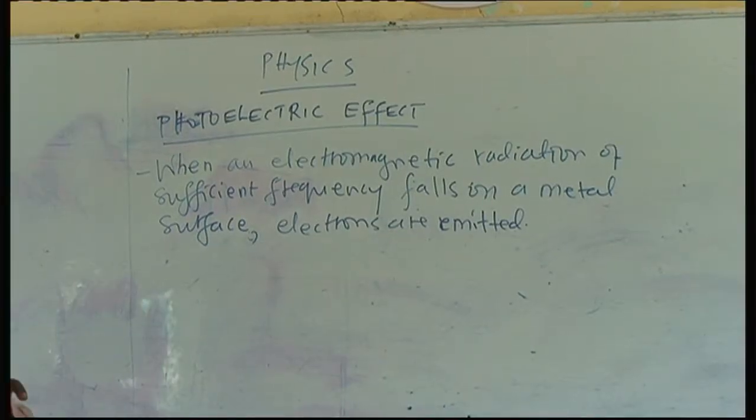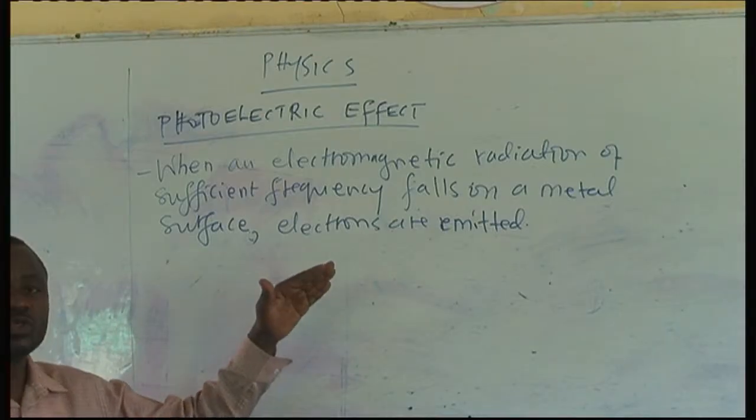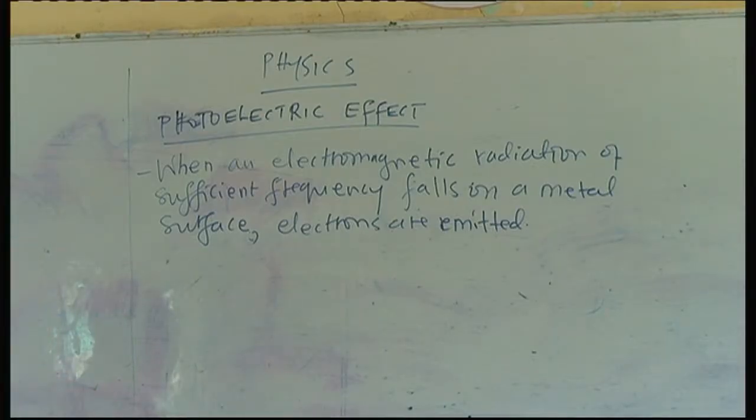When it radiates a metal surface, then electrons are going to be emitted from this metal surface.